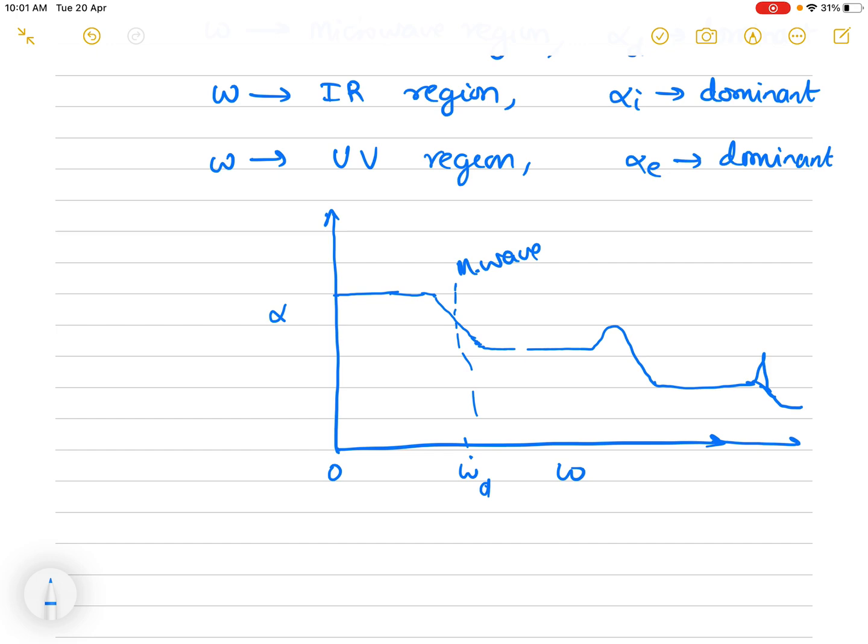However, in the neighborhood of microwave frequency, the dipolar polarizability falls significantly, and as we go on increasing the frequency beyond microwave to IR frequencies, we see that the dipolar polarizability is insignificant.